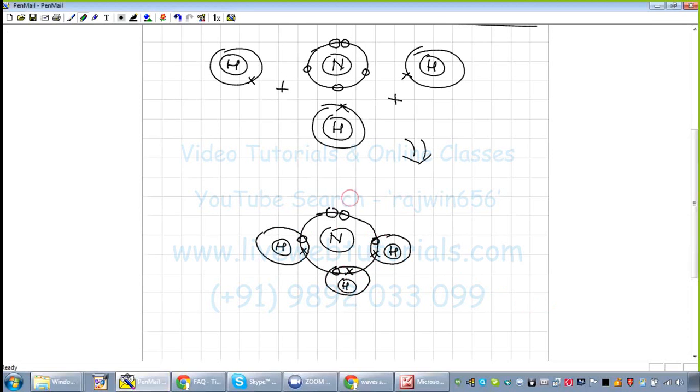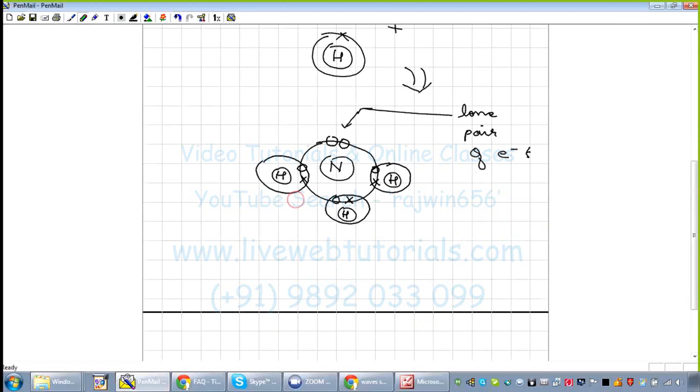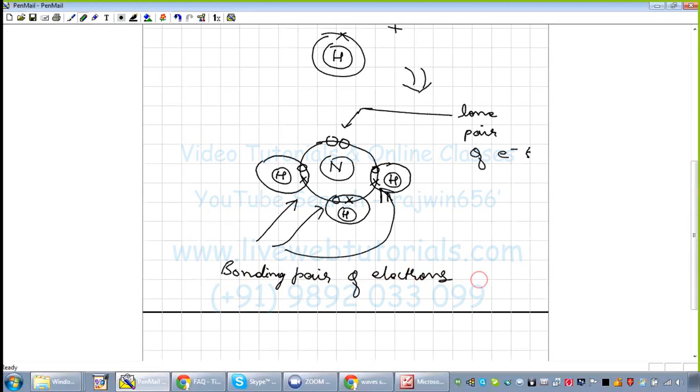This will be your NH3, ammonia molecule, but this will be your lone pair of electrons. And these are going to be the 3 bonding pairs of electrons.